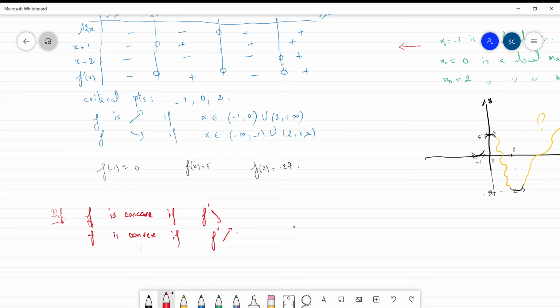Now, since we know the characterization of monotony, if our function is very regular, then we can say that if f second of x is positive on an interval I, that means f prime is increasing, then f is convex on I. If f second is negative on I, then f is concave.